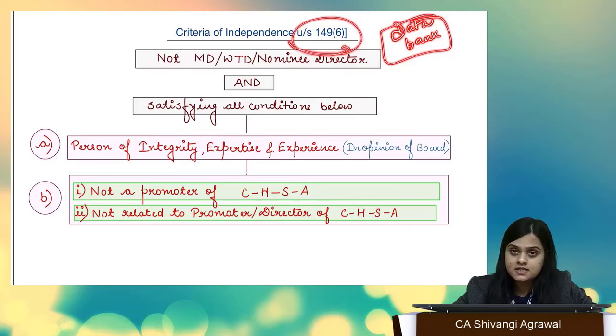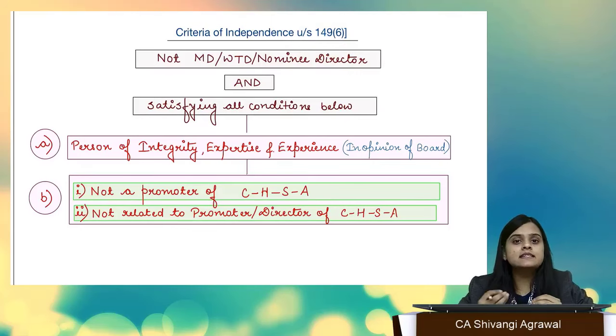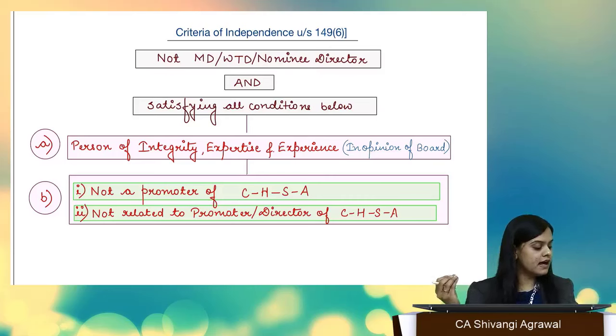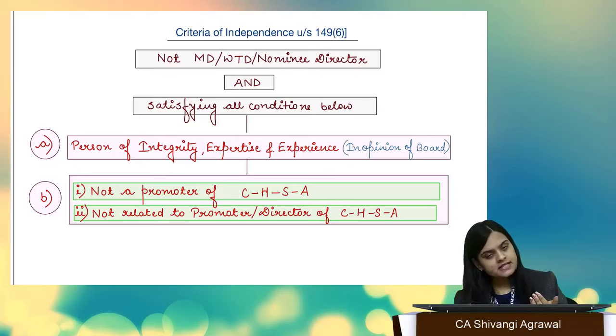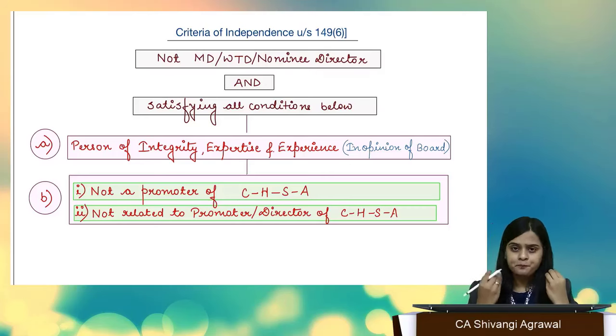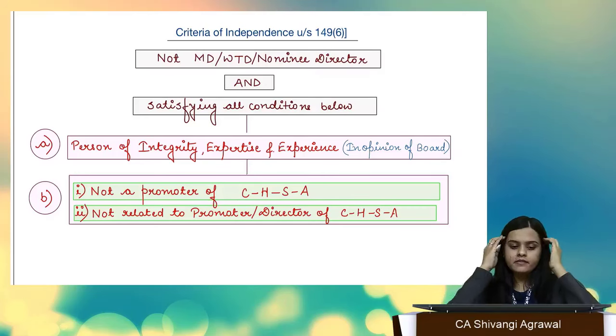We will read about it a little later. If all these requirements are fulfilled, then his name can be proposed, and when his name is proposed, he is appointed in the general meeting by passing an ordinary resolution.